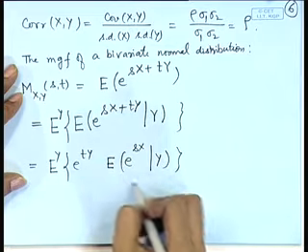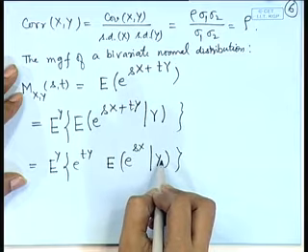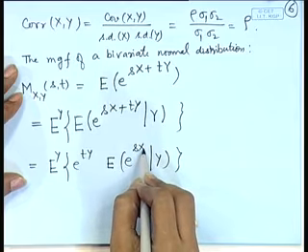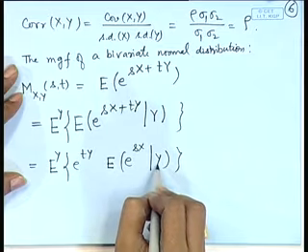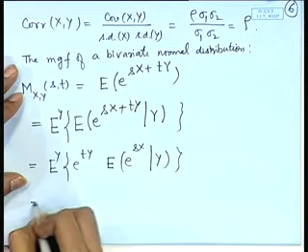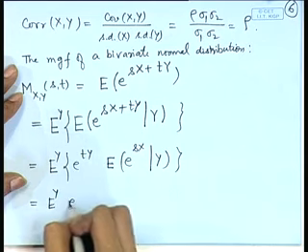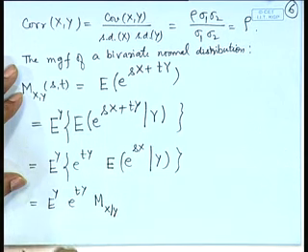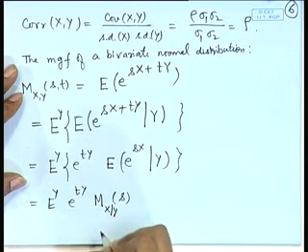Now, notice here that this inner expectation is nothing but the moment generating function of the conditional distribution of x given y. So, this is equal to expectation of e to the power t y into the moment generating function of the conditional distribution of x given y at the point s.